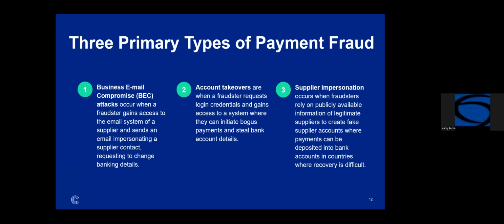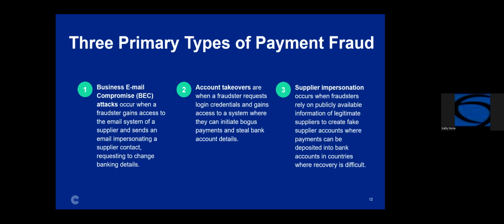And so the first one, the business email compromise, which is BEC, occurs when a fraudster gains access to the email system of a supplier and sends an email impersonating a supplier contact and asking to change the banking details. Then account takeovers are when a fraudster requests login credentials and gains access to a system where they can initiate bogus payments and steal account details.